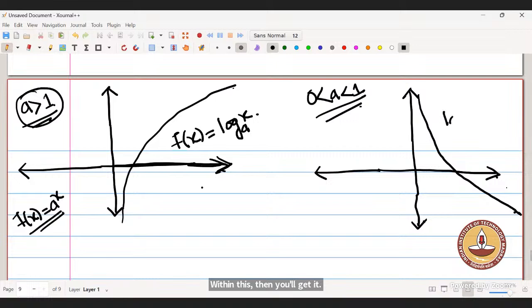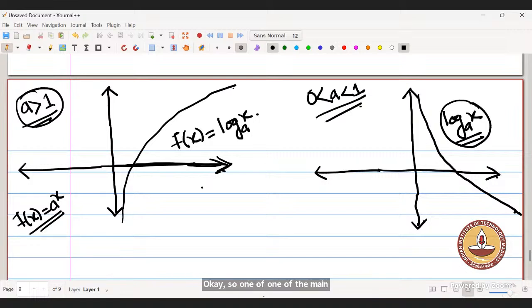Okay, so this is the graph of a power x. So the inverse actually preserves increasingness and decreasingness. If f is increasing, then f inverse is also increasing. If f is decreasing, then f inverse is also decreasing.